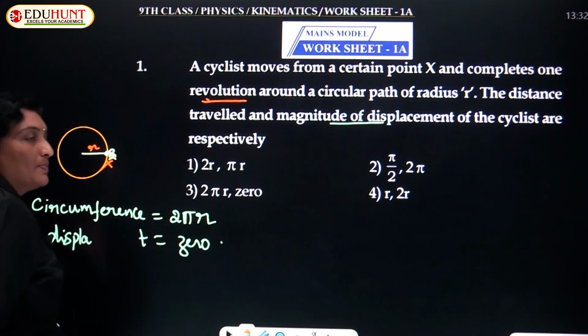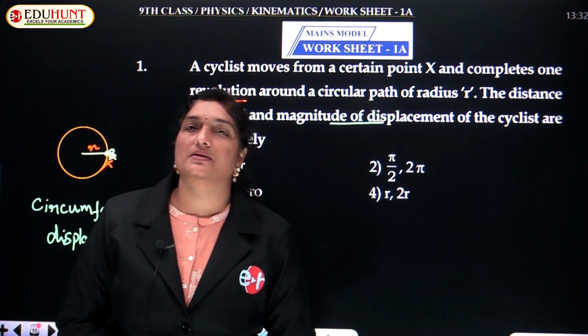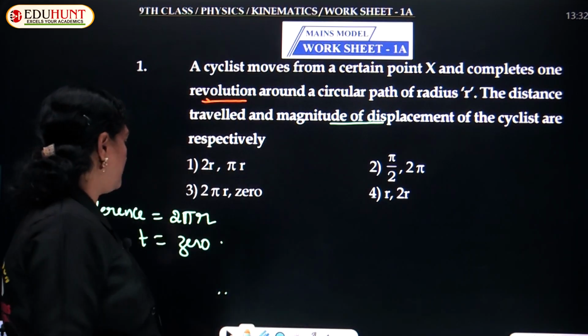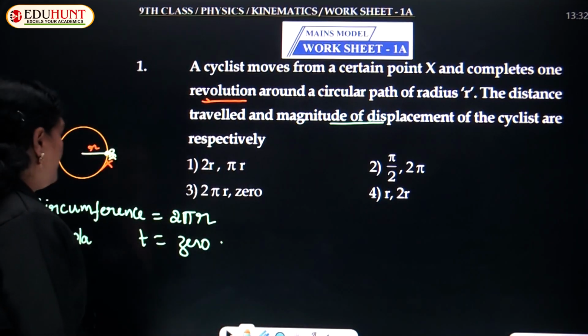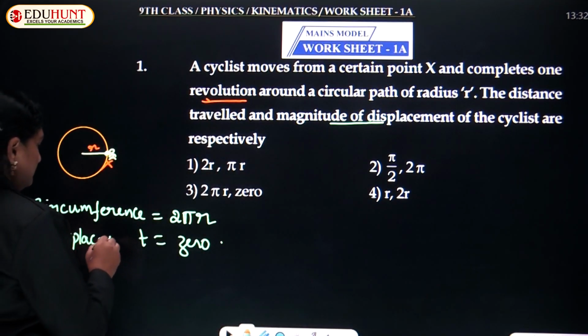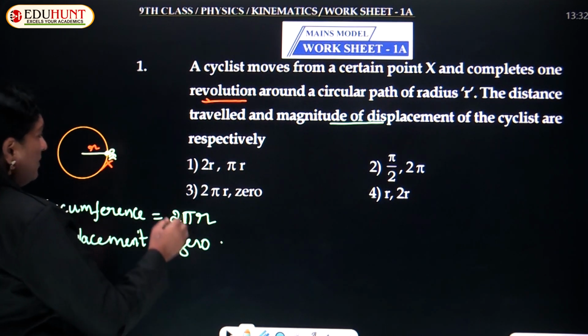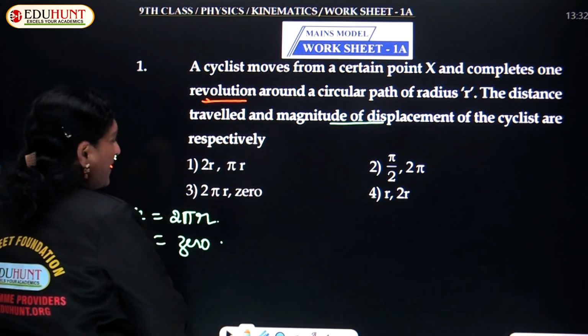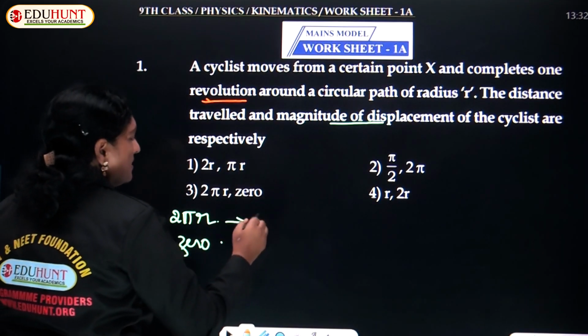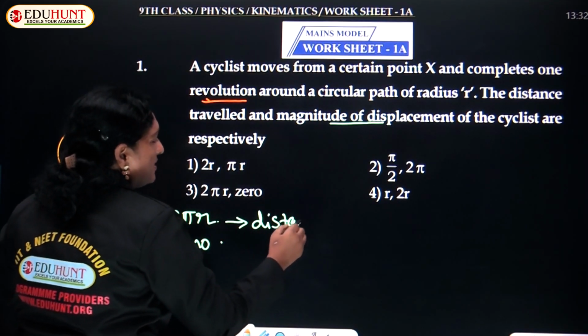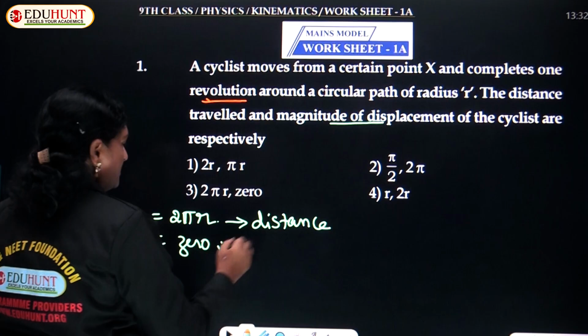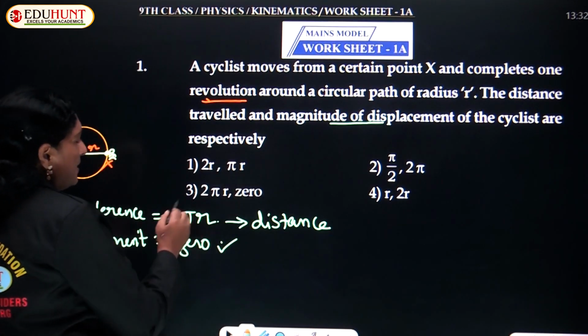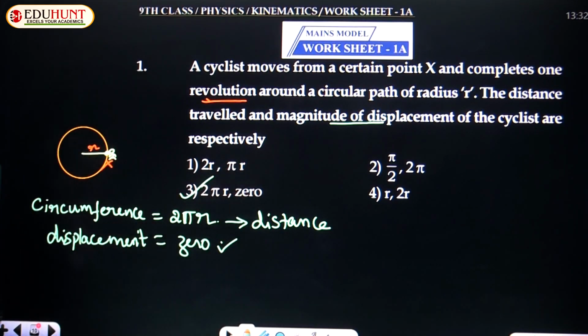Got it, children? Therefore, the distance travelled by the body is 2 pi r, and displacement covered by the body is 0. So 2 pi r, 0 must be the answer. Hence, the third option is true.